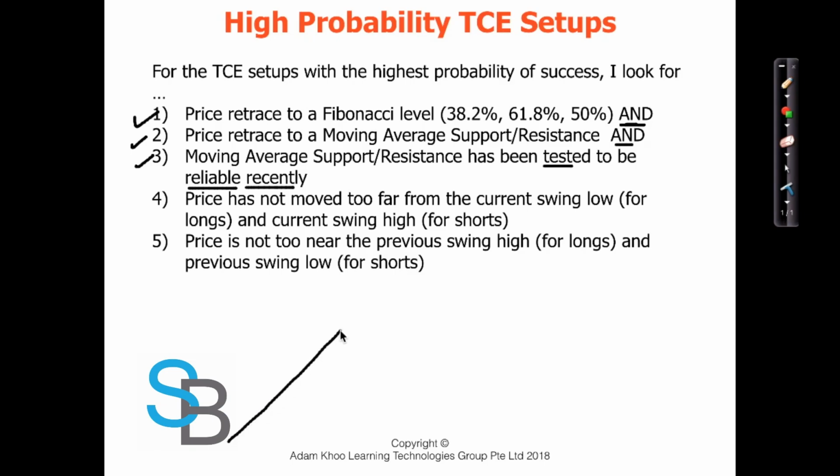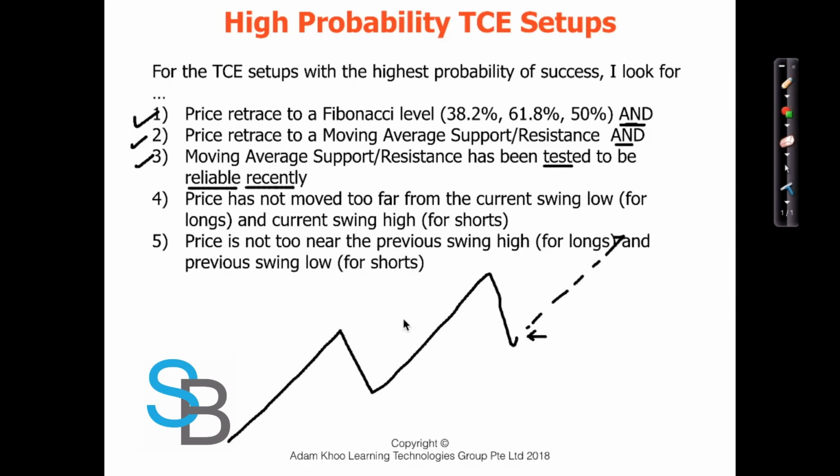So it goes up, this is the impulsive wave, and it retraces down, and it goes up, and it retraces down. We are looking to enter somewhere here, at the end of this retracement wave, for the next impulsive wave upwards. This is the TC setup.